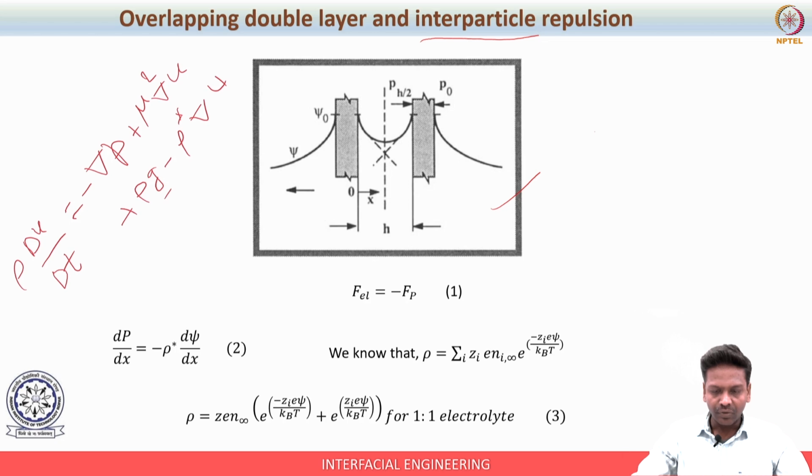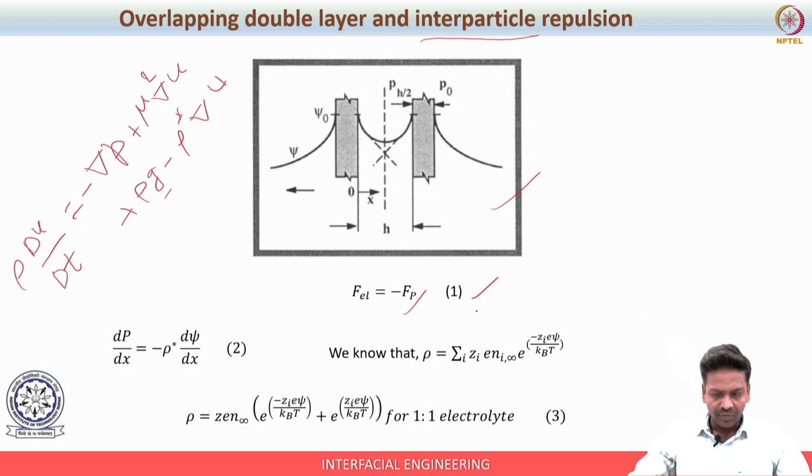Our starting point is this equation: at equilibrium, when they are stationary, the force due to the electric field and the pressure force will be equal. Both are counteracting forces, acting in opposite directions, but at equilibrium the force due to the electric field and the force due to pressure are the same.